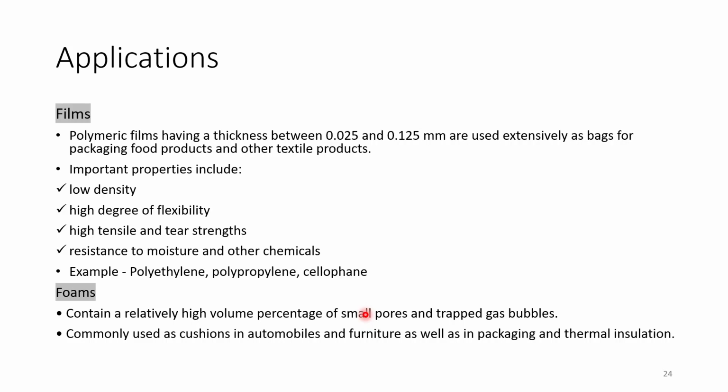In case of foams, these contain a relatively high volume percentage of small pores and trapped gas bubbles, and are commonly used as cushions in automobiles and furniture as well as in packaging and thermal insulation.